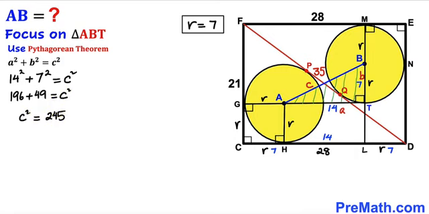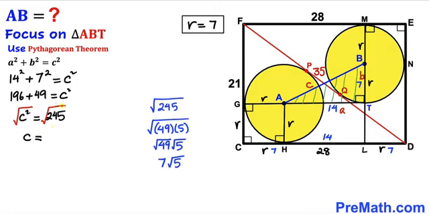245. Let's go ahead and undo this square by taking a square root on both sides. So therefore our side length c turns out to be equal to the square root of 245. I have copied it down over here, and if we simplify, this is going to be equal to 7 times the square root of 5.